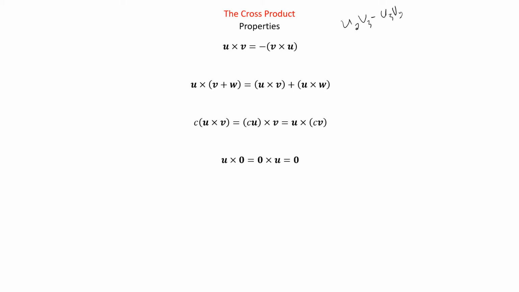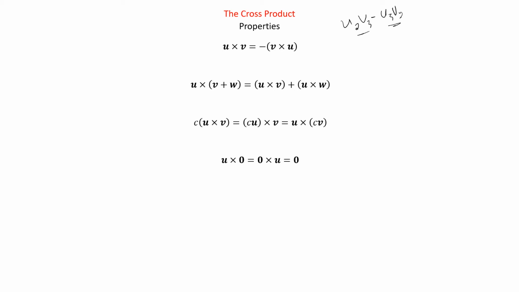If we do the cross product with the 0 vector, remember the 0 vector is just 0, 0, 0, or 0i plus 0j plus 0k, we get the 0 vector because, again, back up to our equation, if these have 0 in them, we're going to have 0 minus 0, which will be 0 times i, plus 0 times k, plus 0 times j.